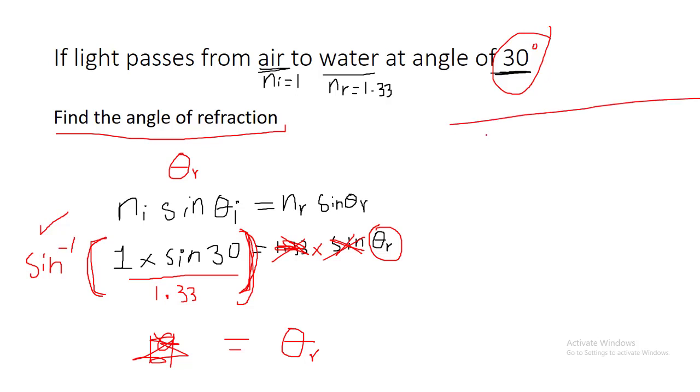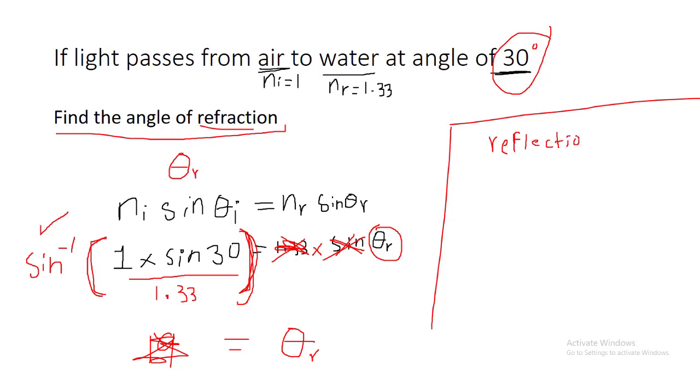For example, if the question tells you find the angle of refraction, okay, this is what you do. You use Snell's law. But if the question tells you find the angle of reflection, not refraction, reflection, okay, with L, not with R, then you don't need any equations.